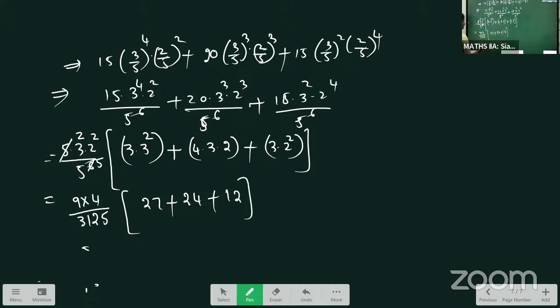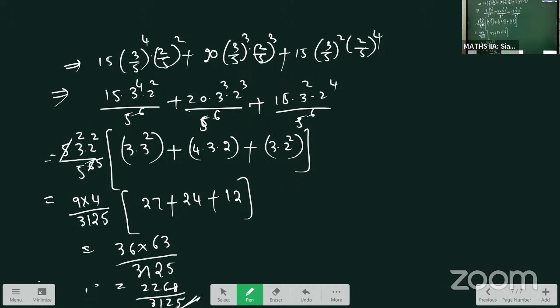So again 9 4 is 36 into 27 plus 24, 51, 51 plus 12, 63. 63 by 3125. Again multiply 36 into 63 is 2268 by 3125. This is the final value of that.